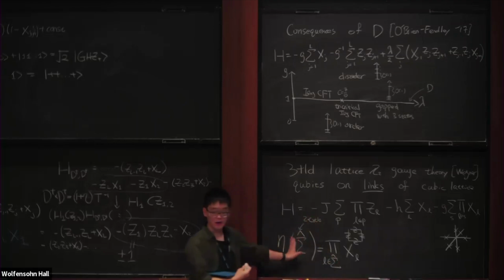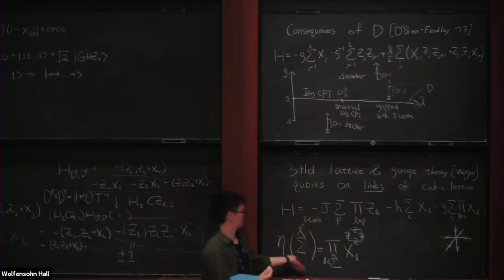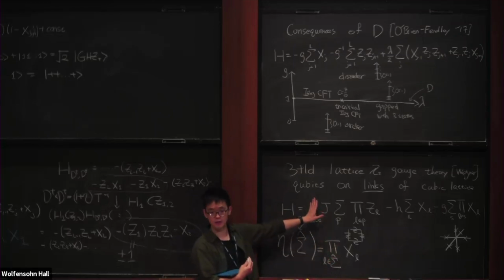So this is not an operator spanning the entire lattice. It's only on a two-cycle in your three-dimensional qubit lattice, to be more precise, the dual of it. And you can easily check that this is a symmetry that commutes with the Hamiltonian for any choice of the two-cycle.